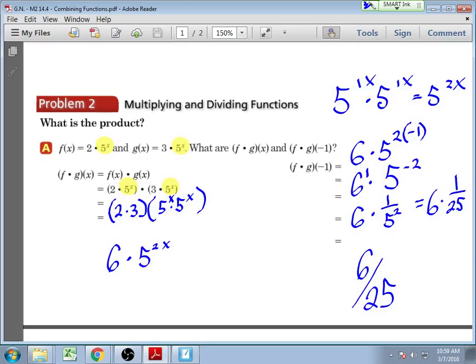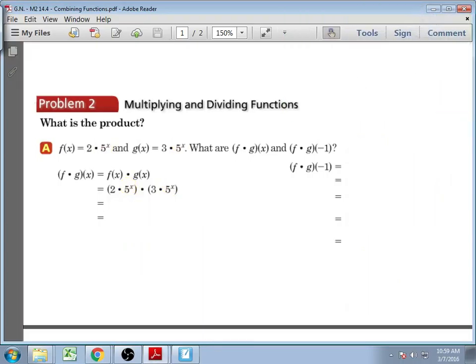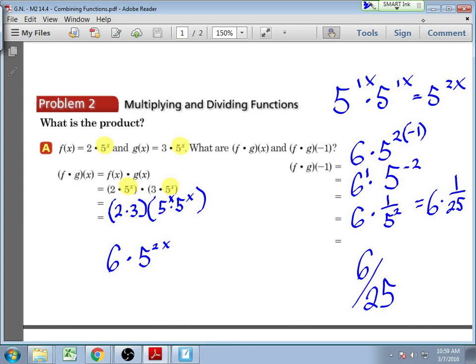And then we could work it from there, but we can leave it as 6/25. 6 is not being affected by the negative power. Only 5 is. 6 still has a positive power. Does this make sense now? That was the mistake I was kind of anticipating. So be careful with what power actually applies to what number.